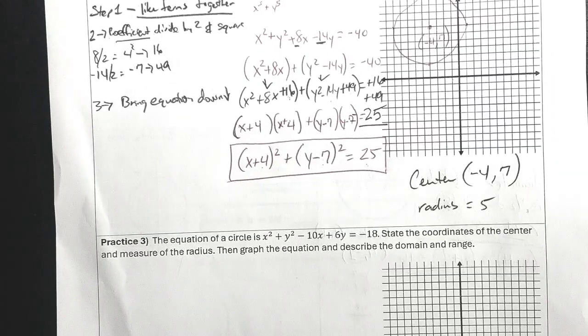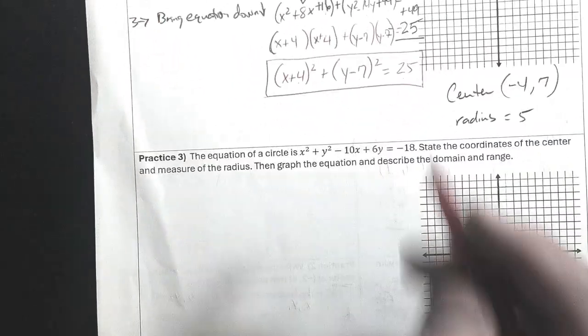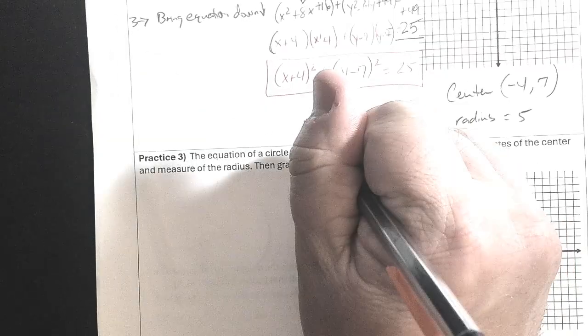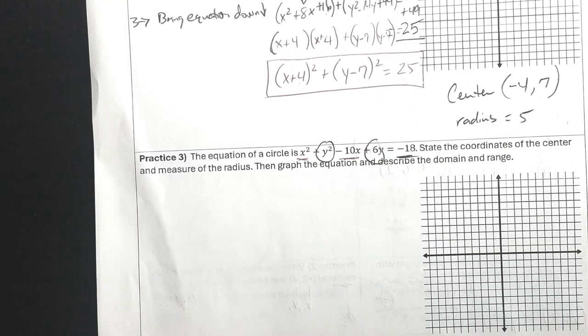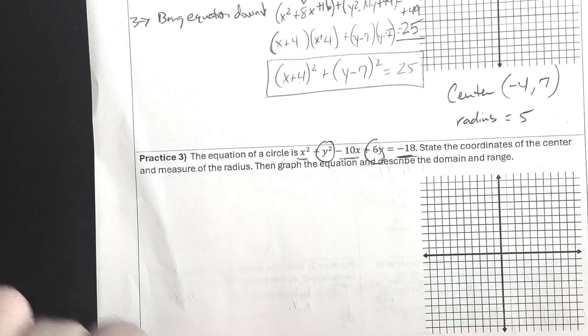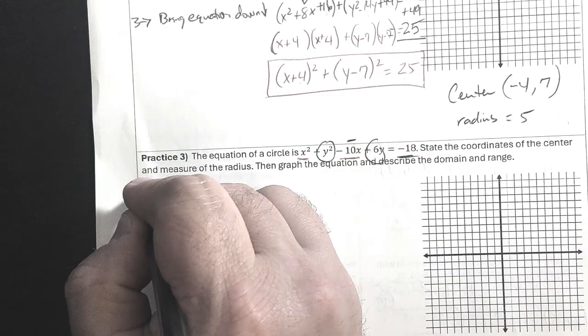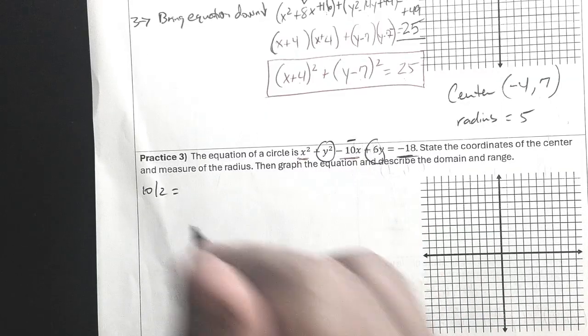So, get you guys set up. So again, these are the steps. So step 1, put x and x, y and y. This is already over here, so you don't have to move it. You take half of your coefficient, so half of 10, and then square it, and then half of 6.